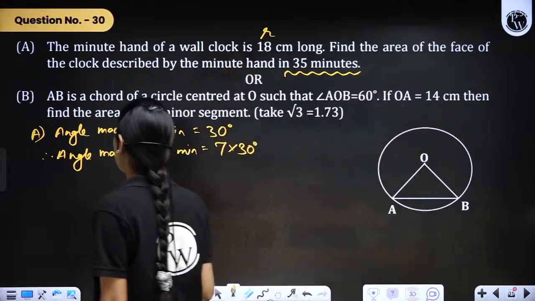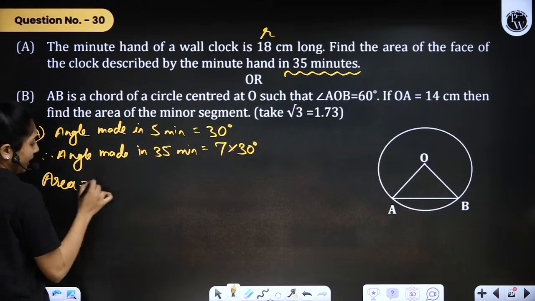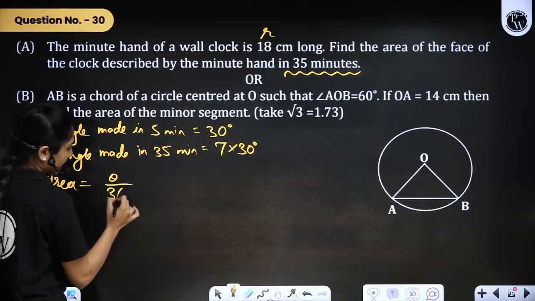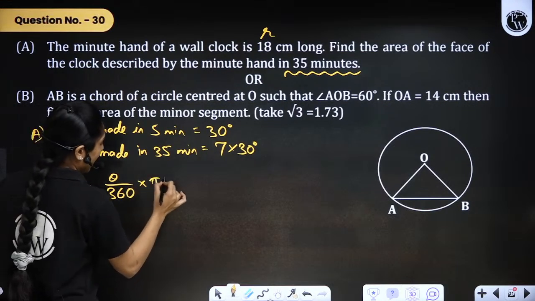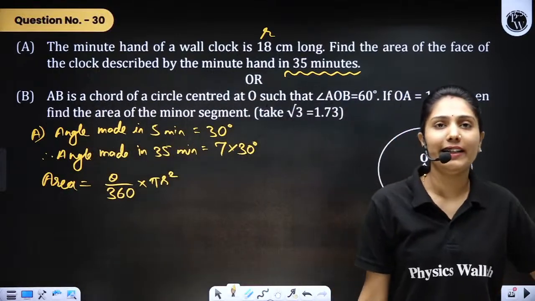Now we have the radius, we have to calculate the area. What's the formula to find the area? It's theta by 360 into pi r square. That's the formula to calculate the area.